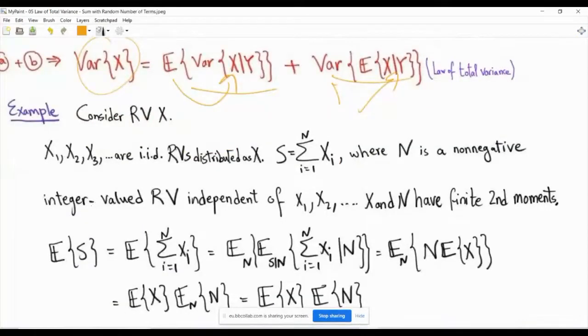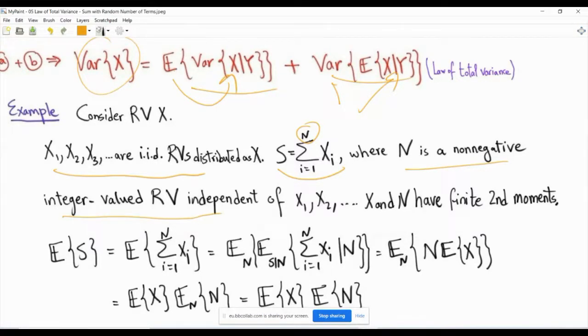So we have the x's, which are IID random variables. Okay, and then we have a sum of them. So far so good. But now here is the new thing. The number of terms in the sum is not fixed. The number of terms in the sum is itself a non-negative integer valued random variable.